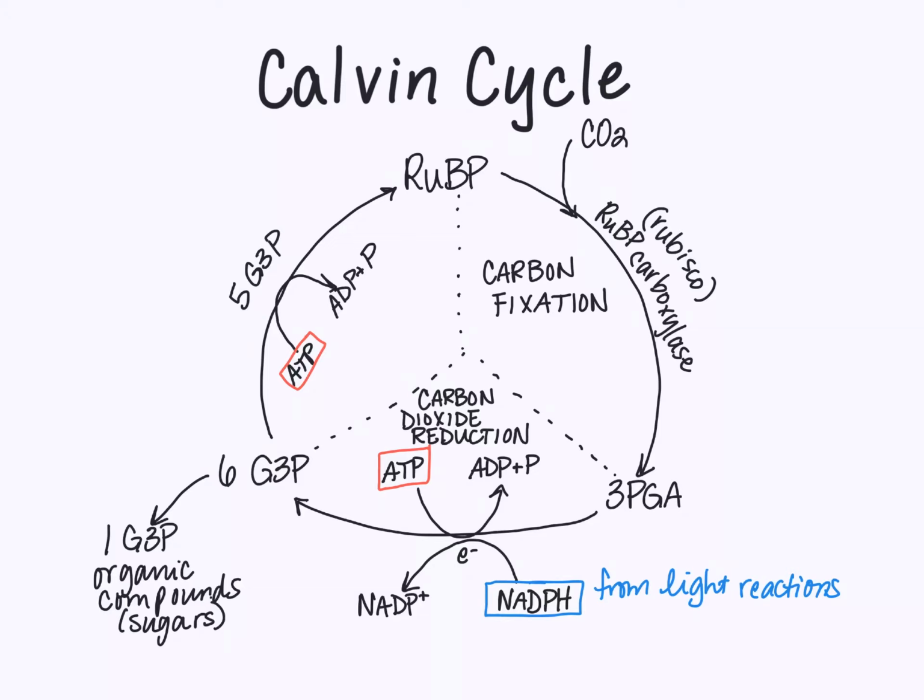And remember that the 3-PGA molecules are being reduced while NADPH is being oxidized. The third set of reactions we can call the regeneration of RuBP.